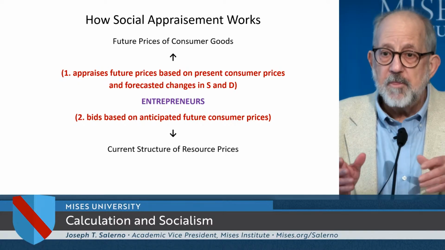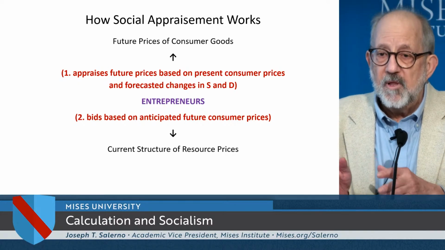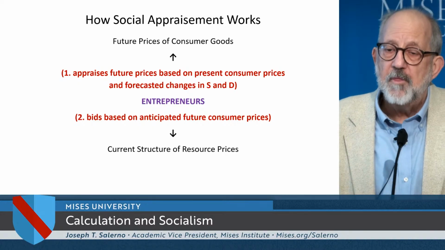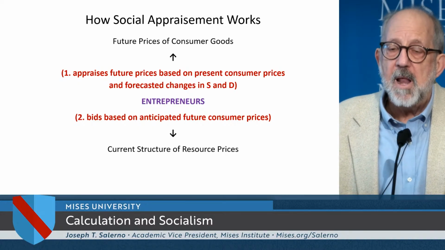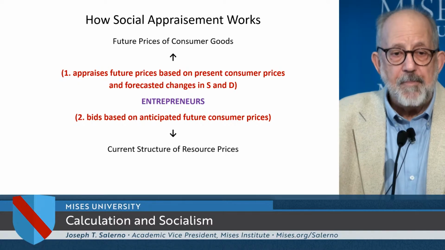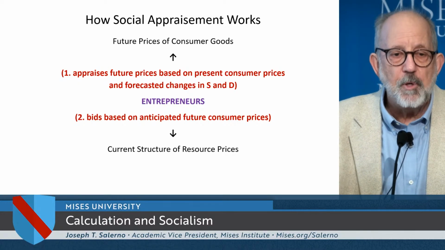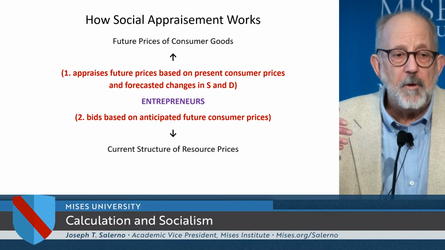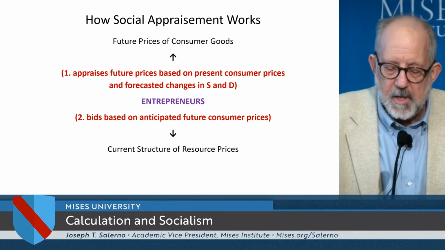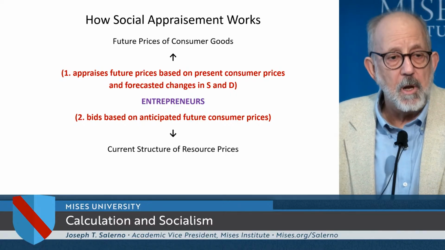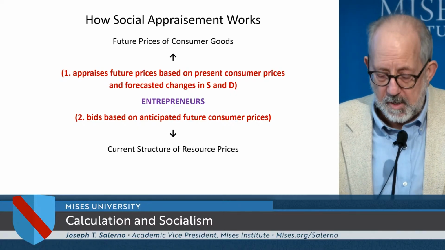And that, by the way, brings into play what Mises called the selective process. The entrepreneurs that are right and earn profits are accumulating capital. They're becoming larger and larger players in the capital goods market. They're becoming the main deciders of how the allocation of resources should be in the economy.